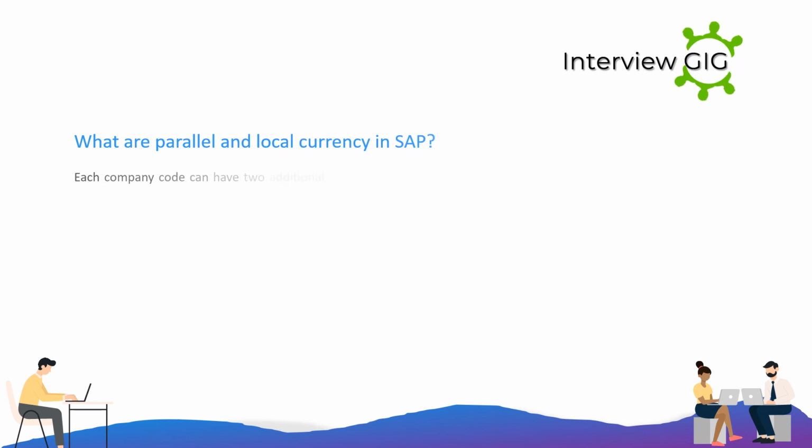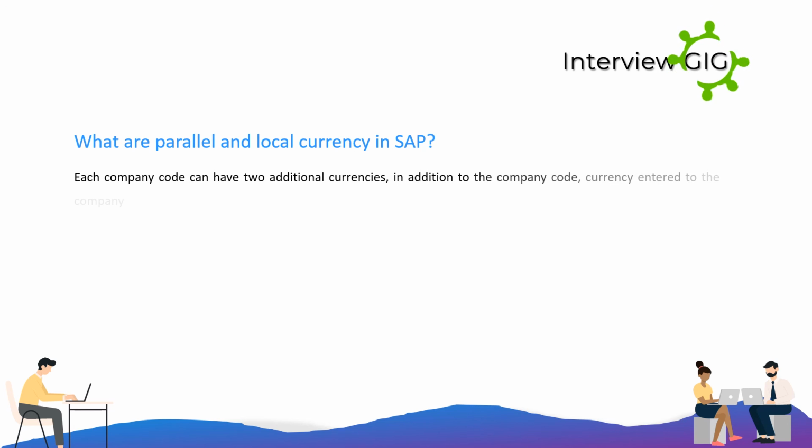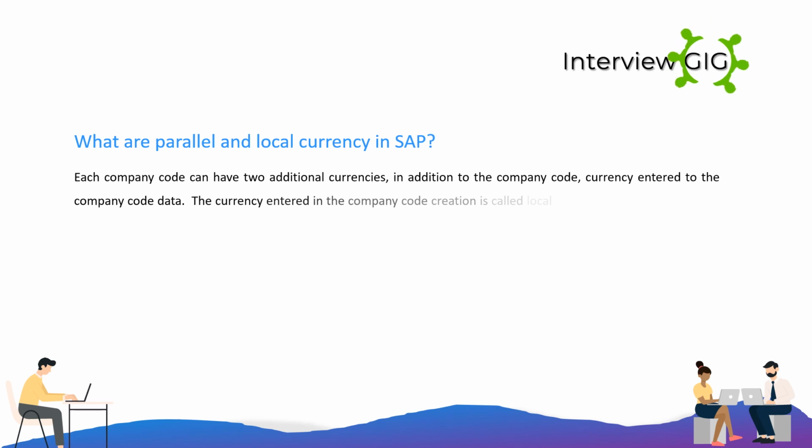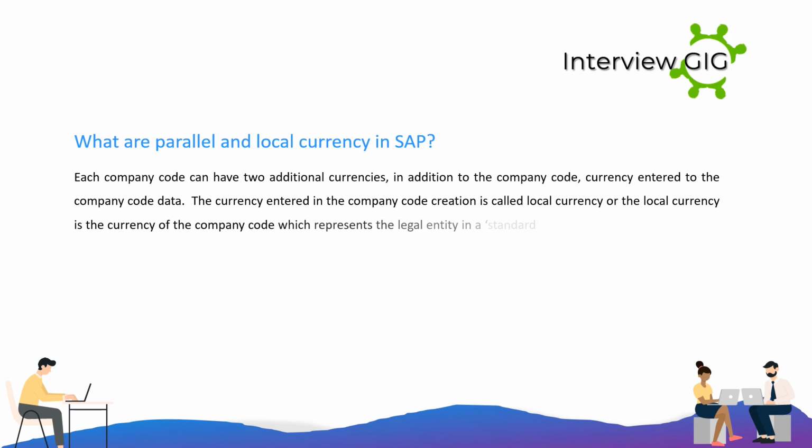What are parallel and local currency in SAP? Each company code can have 2 additional currencies, in addition to the company code currency entered in the company code data. The currency entered in the company code creation is called local currency, which is the currency of the company code that represents the legal entity in a standard SAP configuration.